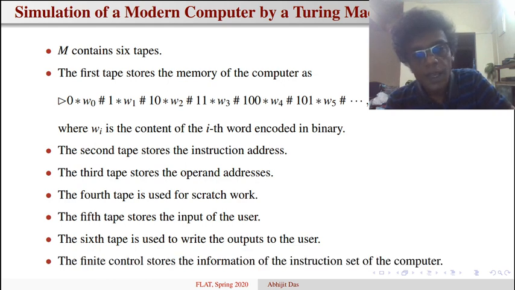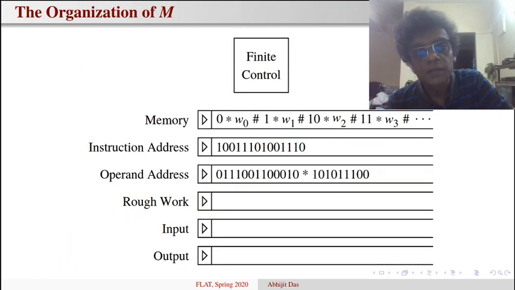And the finite control stores the instruction set, the complete instruction set of the computer, that is all opcodes and their meanings, what to do with each opcode. So this machine looks like this. Finite control stores all the information about the assembly instructions of your computer. The memory is organized like this: 0, W0, 1, W1, 10, W2, 11, W3, and so on.